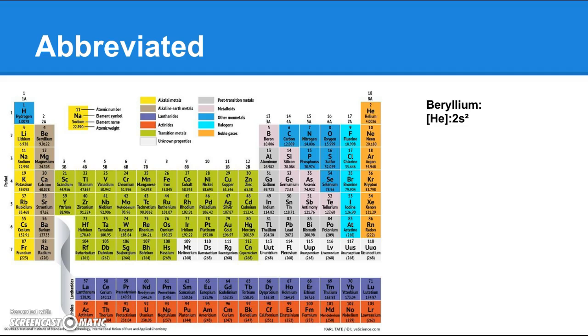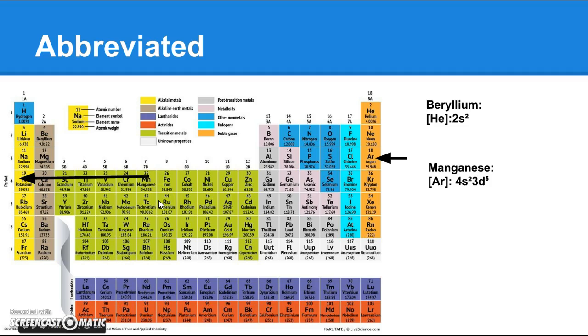So it doesn't help a whole lot in this scenario, but it does on the bigger stuff. So for something like manganese, you go back, which would be to argon, and then argon bracket 4s2, 3d5. Now if it was chromium, it would be argon bracket 4s2, 3d4, 4 because it is the fourth in that section, and that's the D section.